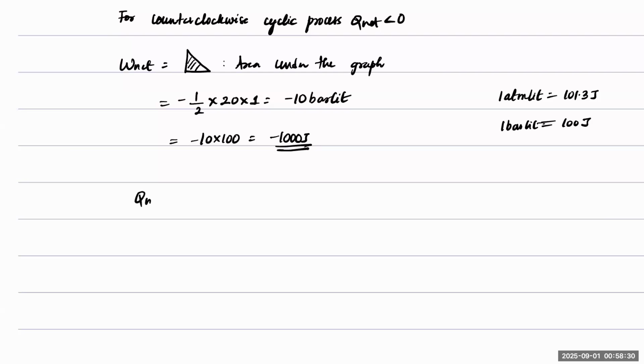So what will be the Q net? Q net will be equal to 1000 joules with a positive value. So this much amount of heat is given overall to the system in this process. So from A, B, C, as you complete the cyclic process, this much amount of heat was given into the system, and the same amount of heat has been utilized to completely do the work by the system.